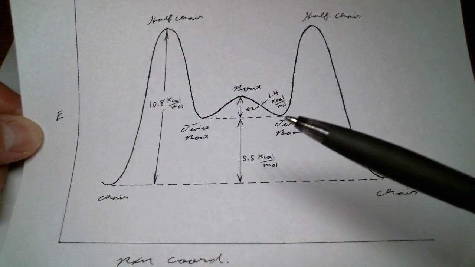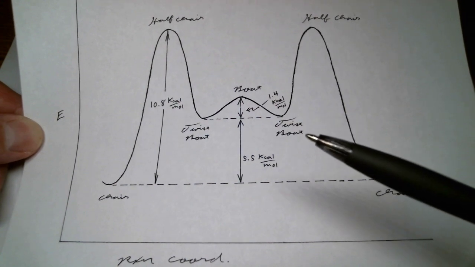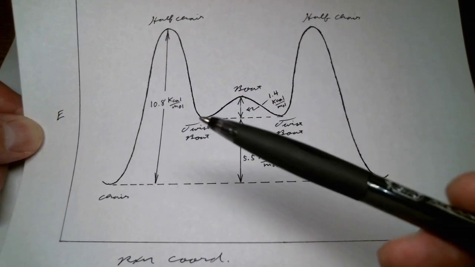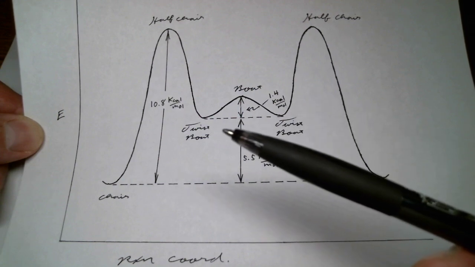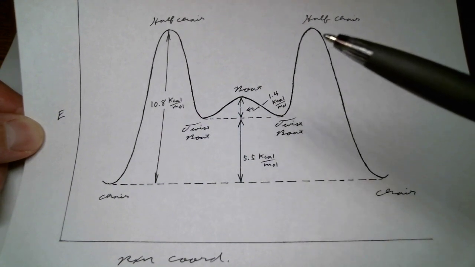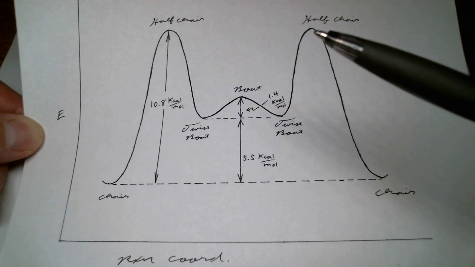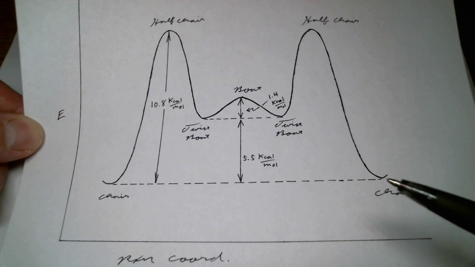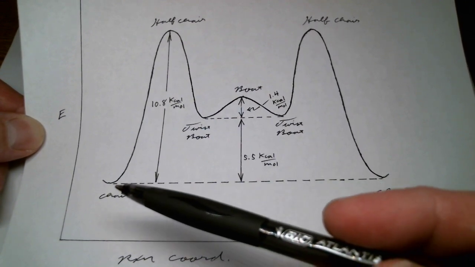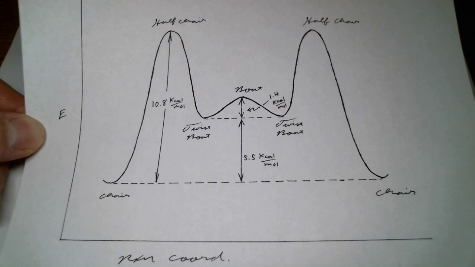It could fall down to the other twist boat, which is of equal energy to the other twist boat on our diagram, and then we could go up to the other half chair, which is of equal energy to the other half chair, and all the way back down to the other chair conformation, which should be of equal energy to the chair conformation that we started out with.